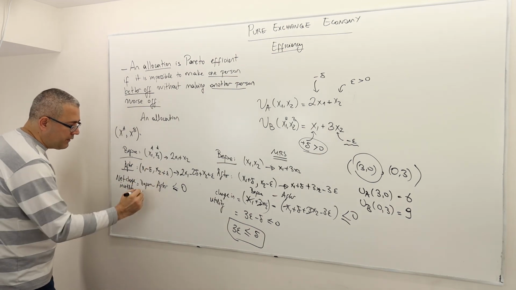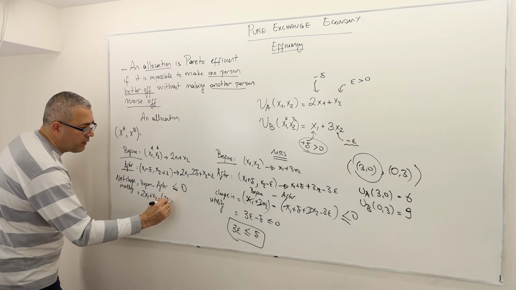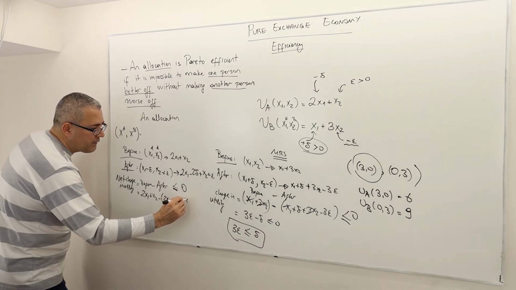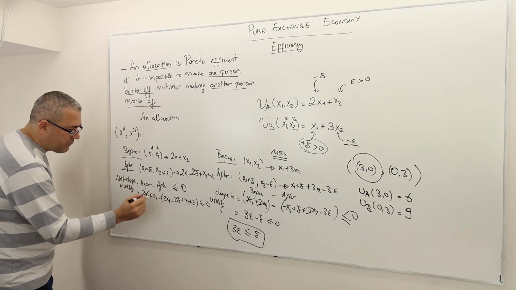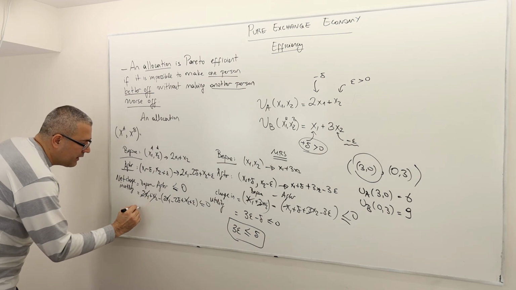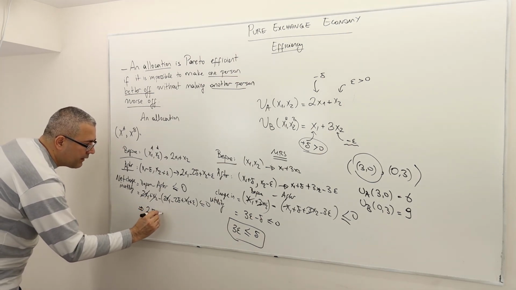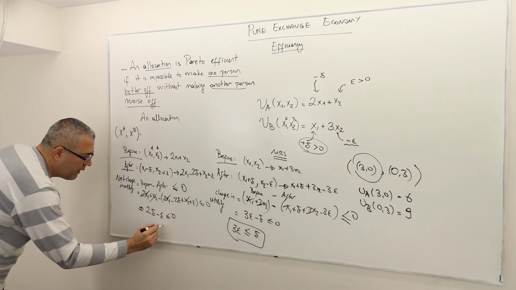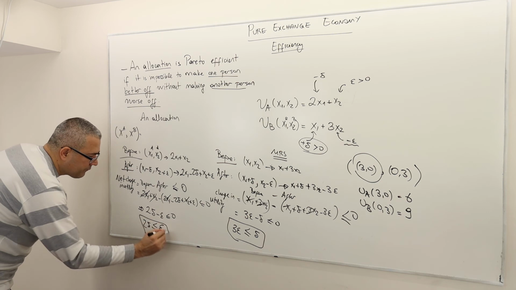So before is 2x1 plus x2 minus after, 2x1 minus 2 delta plus x2 plus epsilon, less than or equal to 0. If you do this subtraction, the 2x1 and x2 will cancel out, and this minus is going to make it positive. Therefore, I have 2 delta minus epsilon less than or equal to 0. I must have epsilon greater than or equal to 2 delta.